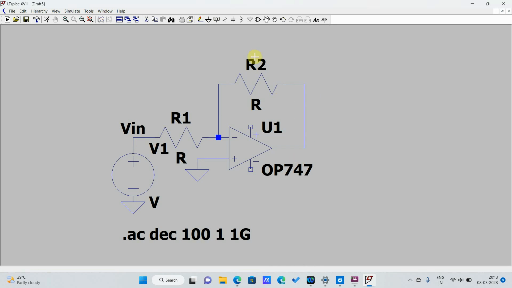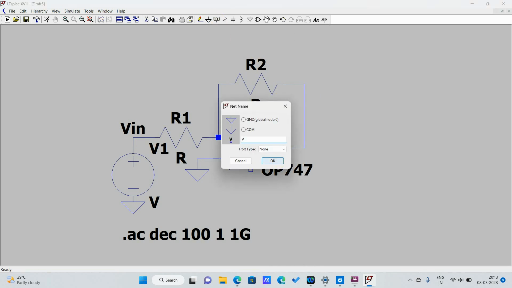Let's put a label for the output voltage as V out.